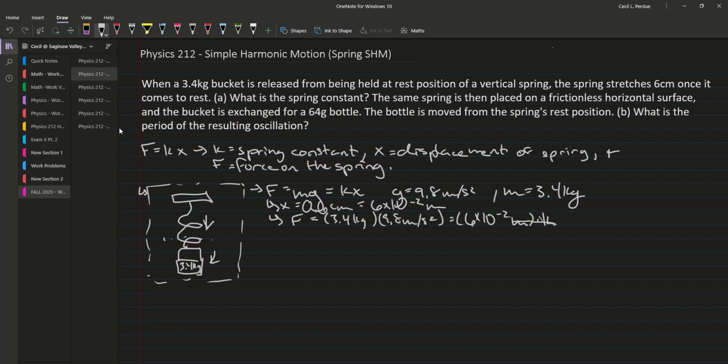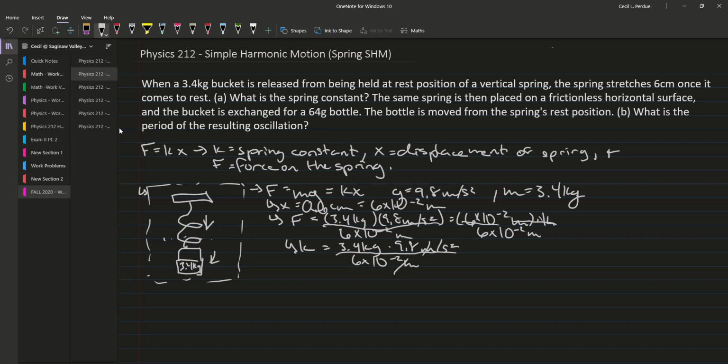So we'll divide off the 6 times 10 to the negative 2 meters to get k on its own. K is equal to 3.4 kilograms times 9.8 meters over second squared over 6 times 10 to the negative 2 meters.